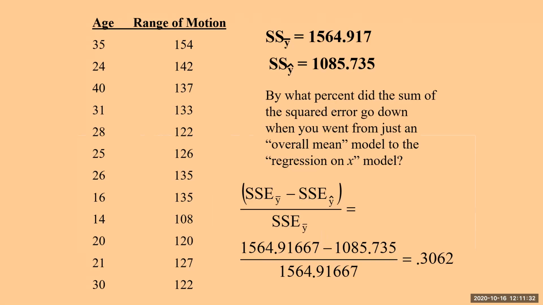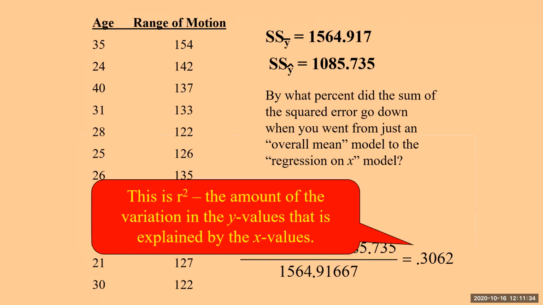So what does this mean? That is your R squared. That is the amount of variation in the Y values that is explained by the X's. You're not going to have to calculate that by hand. This is just showing you how it is calculated. The calculator will spit out the R value, which you can then square to get your R squared.